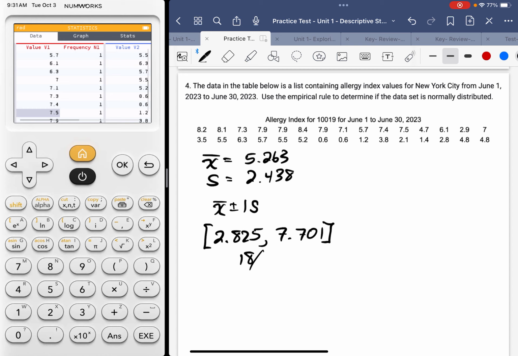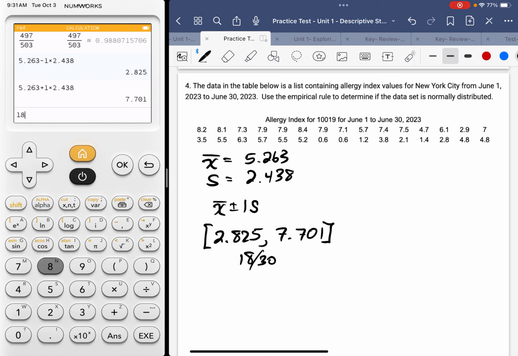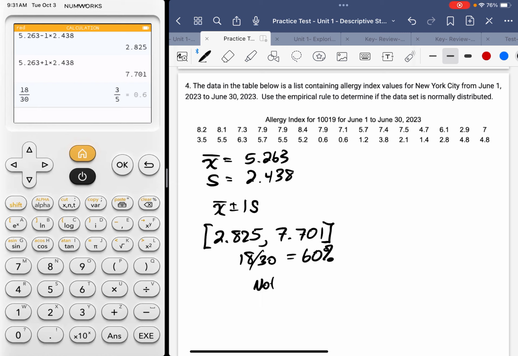Yeah. So 18 out of 30. That's about 60%. All right. Needs to be close to 68, not close enough to 68%. So not a normal distribution.